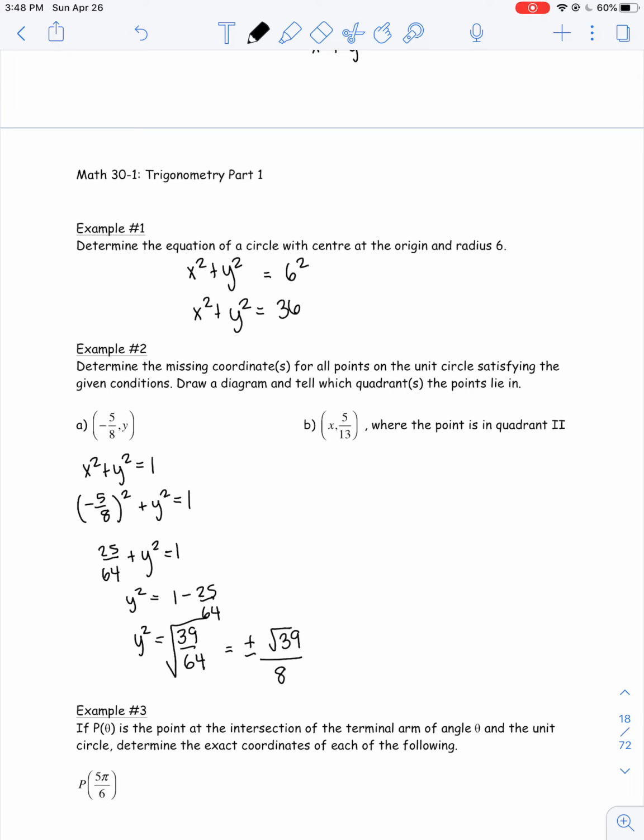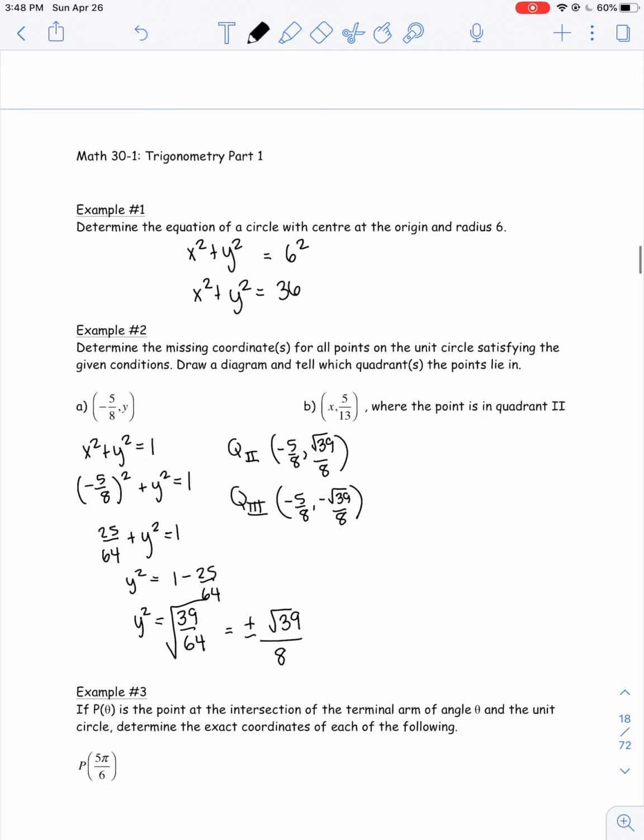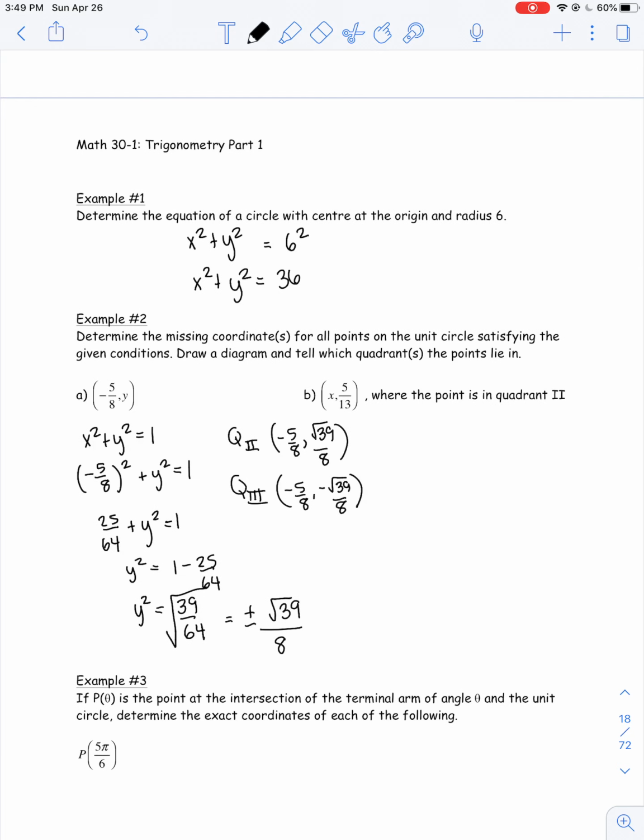They don't tell us what quadrant it's in, so the answer could be in quadrant 2 or 3. In quadrant 2, if x is negative, then y would be positive. That's one answer. For quadrant 3, they would both be negative. Those are our possible solutions.